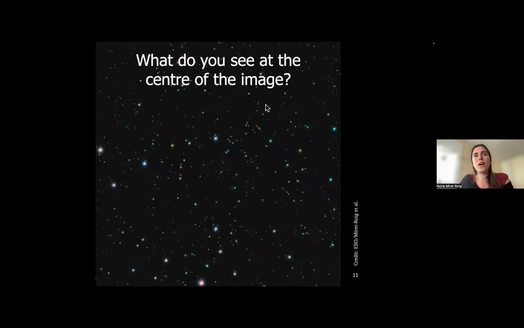So now what I'm showing you is one of these images that we produced and compiled in this region. And I would like to ask you a question: what do you see at the center of this image? This will certainly depend on the quality of the projector that you have and how clean your screen is. But the point is that you should see something here at the center, and it is a free-floating planet.